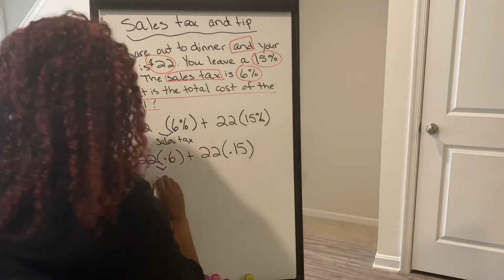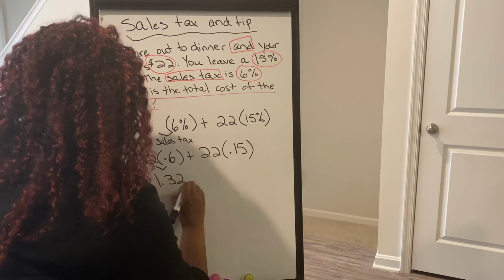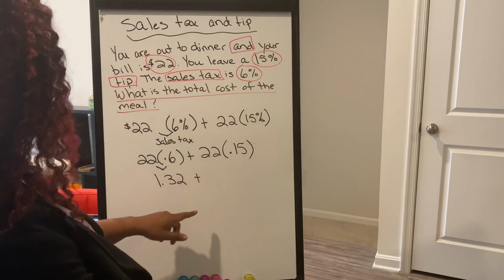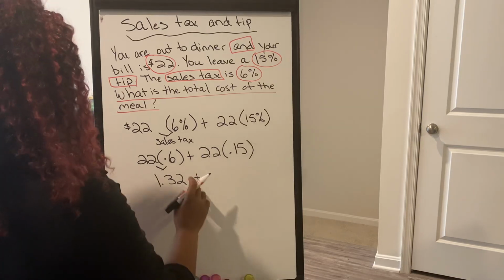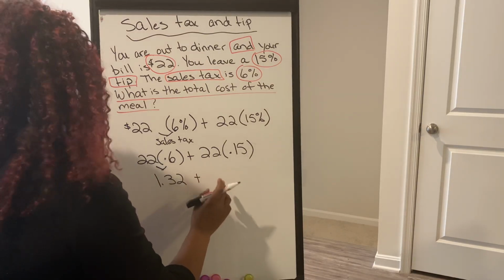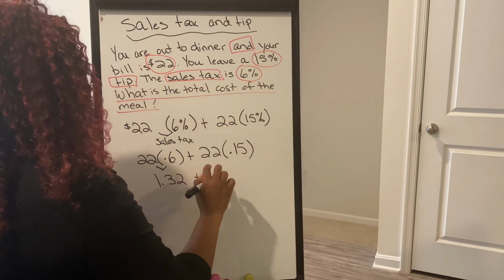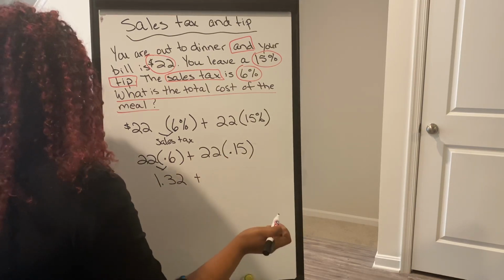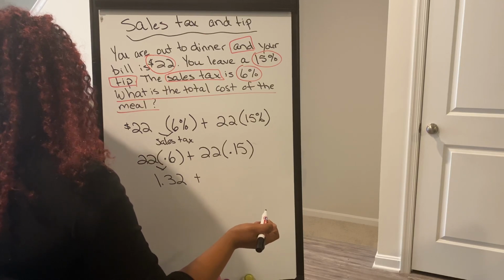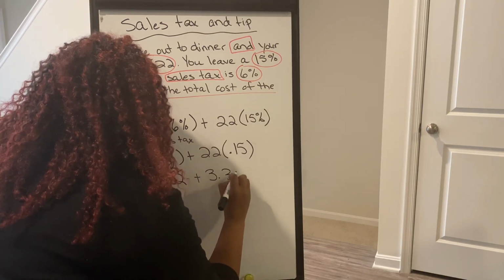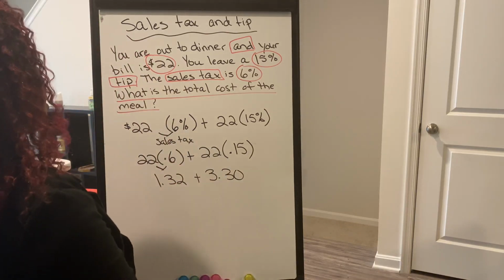I don't have my calculator. $1.32. Plus 22 times 0.15 should be $3.30.